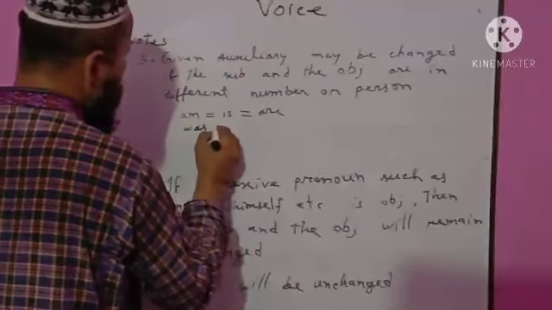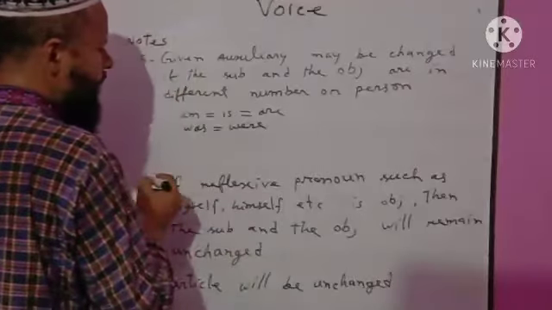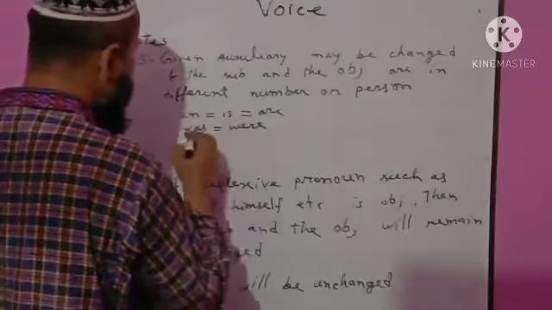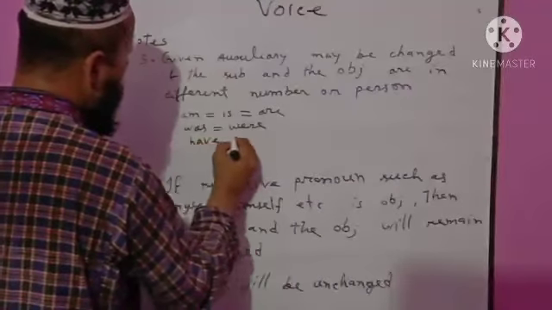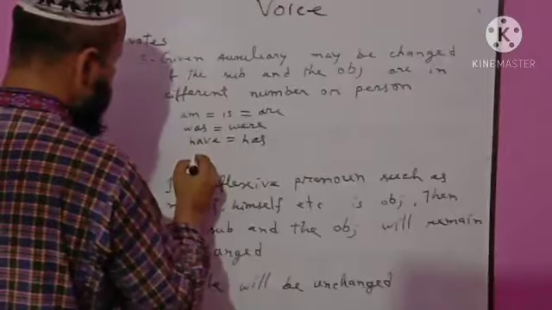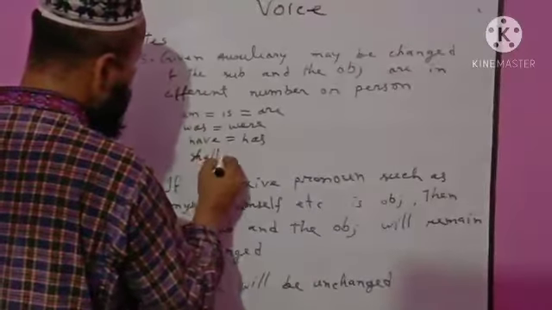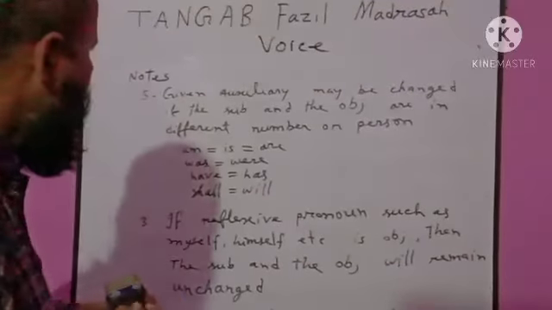Was may be were and were may be was. Have may be has, or has may be have. Shall may be will, or will may be shall.